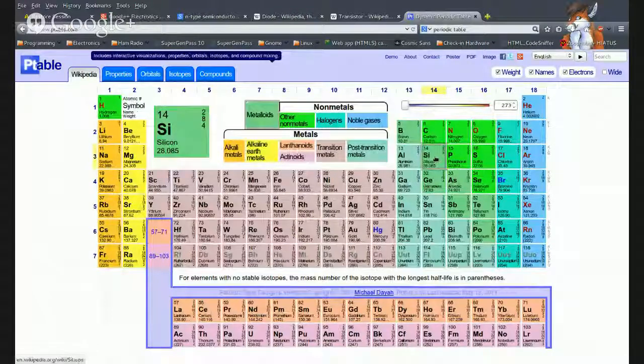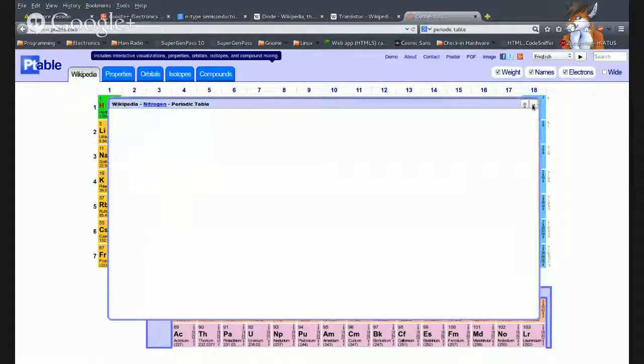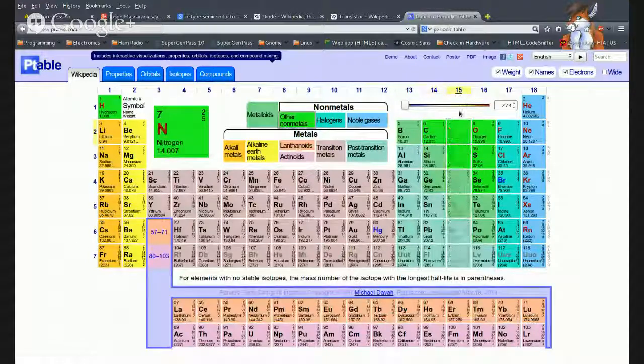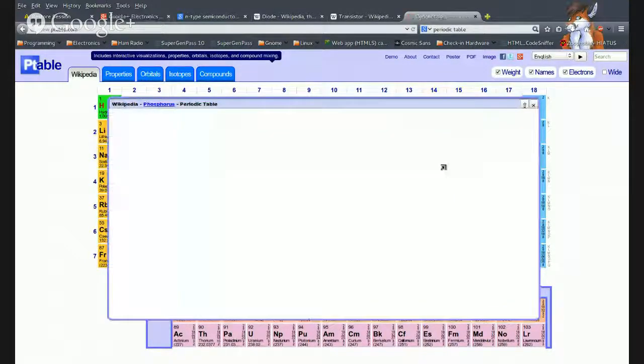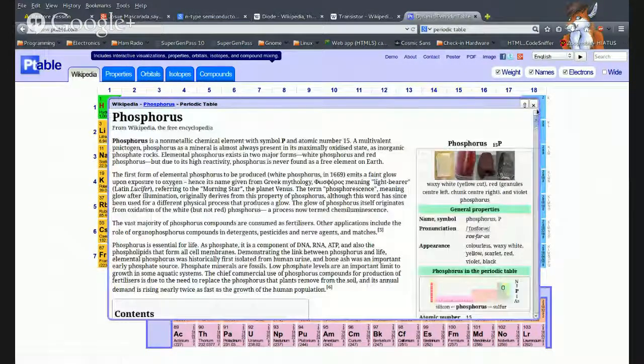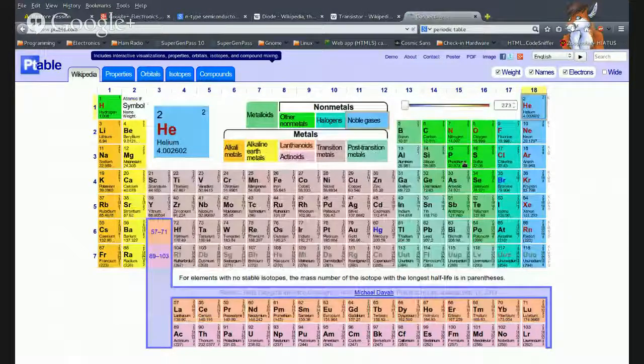And to get it to conduct, we need to dope it with one extra electron from something from the group next to it, usually phosphorus. So we'll take our nearly pure silicon and we'll dope it with a bit of phosphorus.